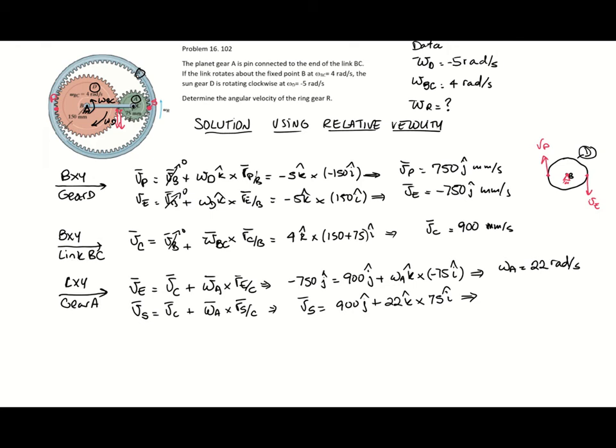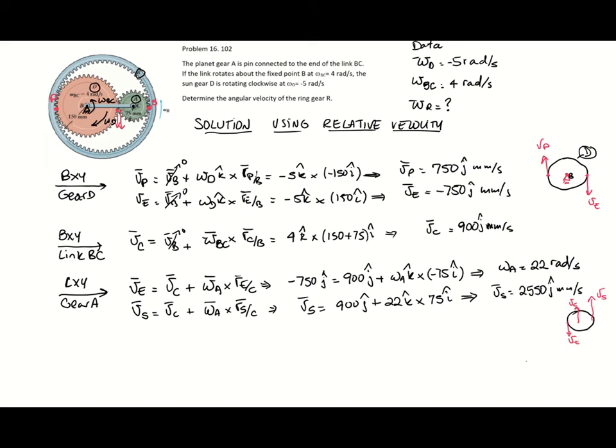Therefore, let me put this in vector form, the velocity of S equals 2550 j millimeters over second. If we would draw gear A, we would have the velocity of E, C, and the velocity of S.